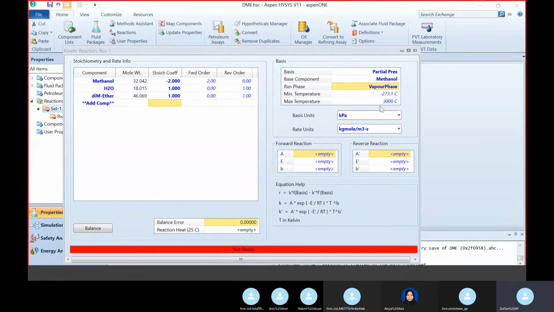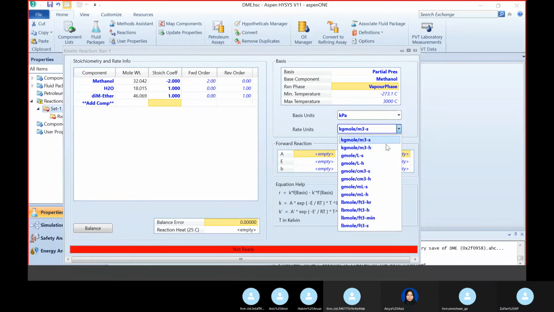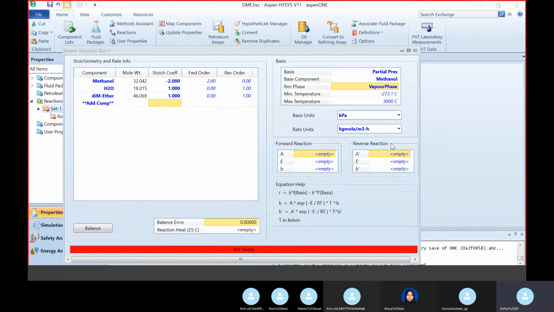The basis unit is kilopascal, right? Yeah, that is correct. And then the rate unit, it depends here. So kilomole per meter cubed of catalyst, and not per second but per hour.